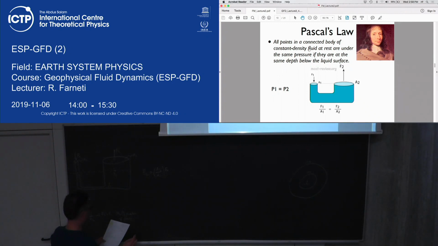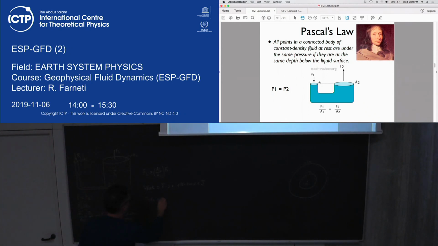Now we can look at work. The work done by this force, which is force times space, which is 1 Newton times, for example, meter, which is 1 joule. Okay? So the two works have to be the same.